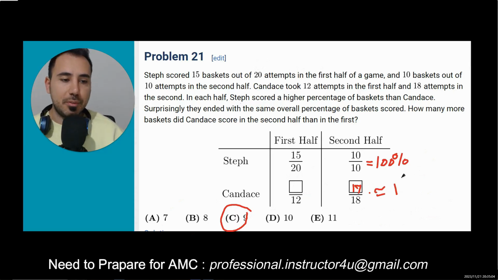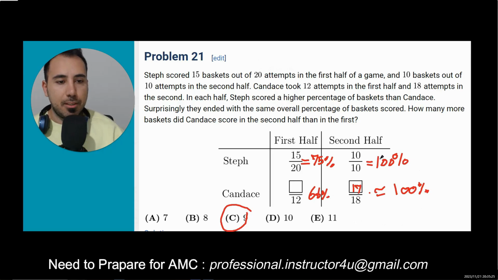So both performances are very great in the second half. Both of these people do poorly in the first half compared to their own performance. This person was like 76%. But why is that? Let me explain.